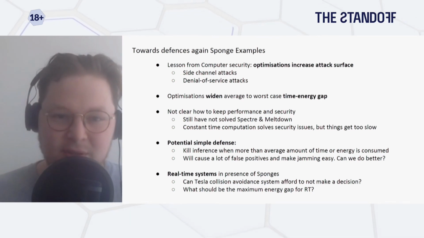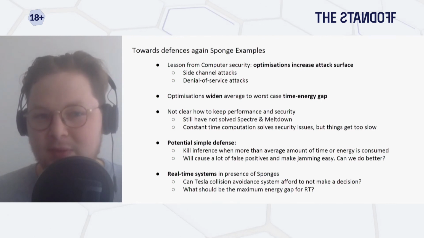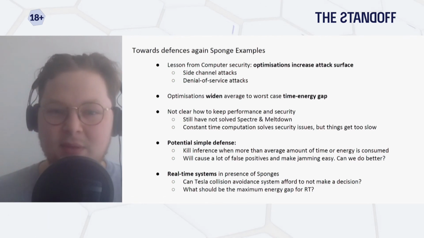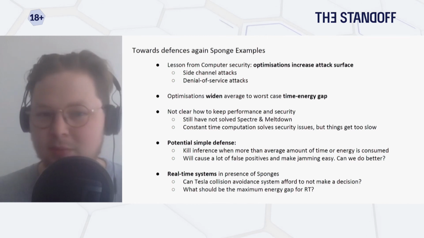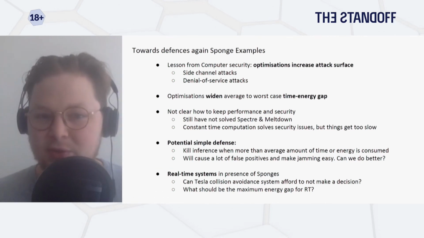Another thing to mention here is that in classical computer security, when we talk about side channel attacks, we don't really know what to do with them properly. A recent example would be Spectre, which is built on top of speculative execution. Those are also latency-based attacks.